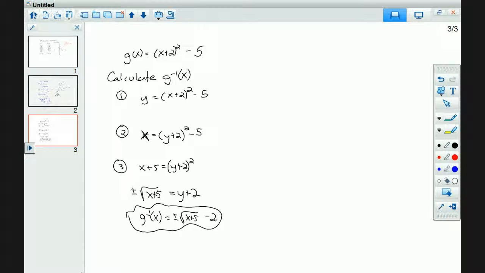So if you're working with a square, to the fourth, to the sixth, any even power, remember this. This is with even exponents. With odd exponents, I don't need to worry about it, because they can give you negatives.